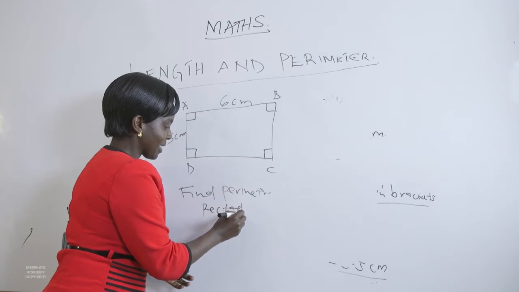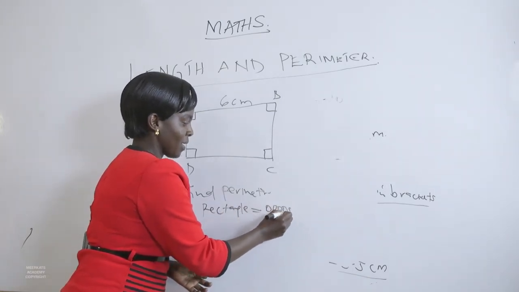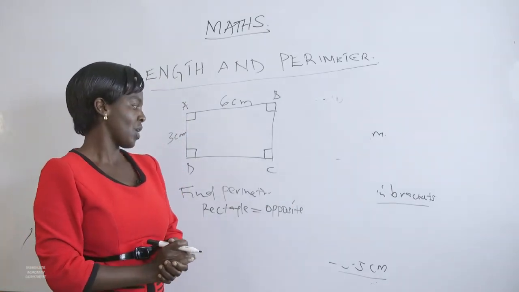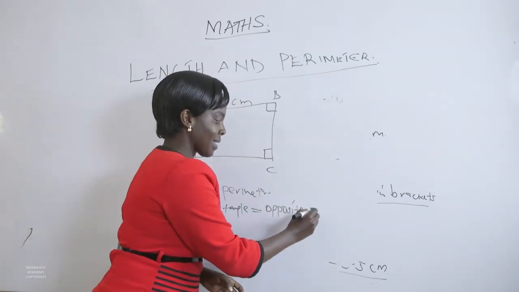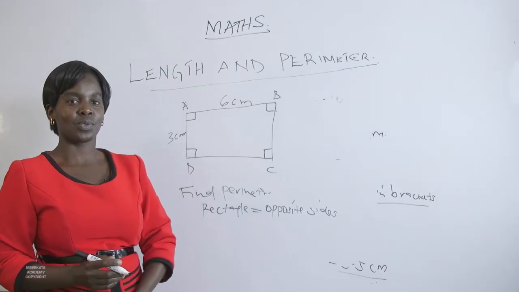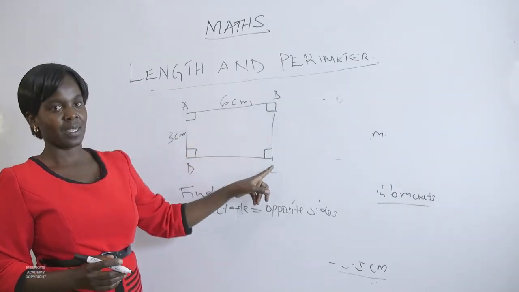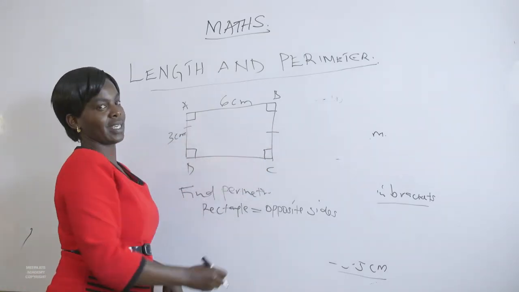Because we said this is a rectangle, in a rectangle opposite sides are equal. So these are the things that we are supposed to know about the shapes. A rectangle, opposite sides are equal. So even if you are given one side, you are not supposed to say that we are not given the distance between B and C, because opposite sides are equal for a rectangle.